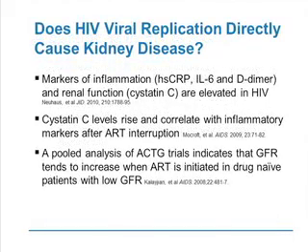Now, what about viral replication and kidney disease? Clearly, in HIV-associated nephropathy, viral replication in the kidney is necessary to produce kidney damage, and antiretroviral therapy reverses HIV-associated nephropathy and certainly prevents it.